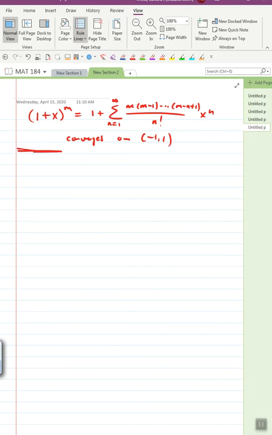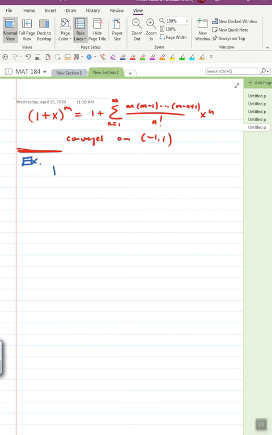Okay, let's stop there. Is everybody okay so far with what my formula says? Let's look at an example to see if you got it.